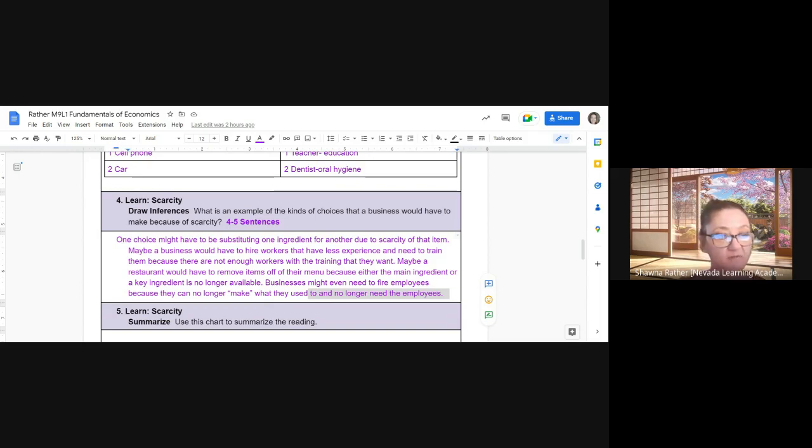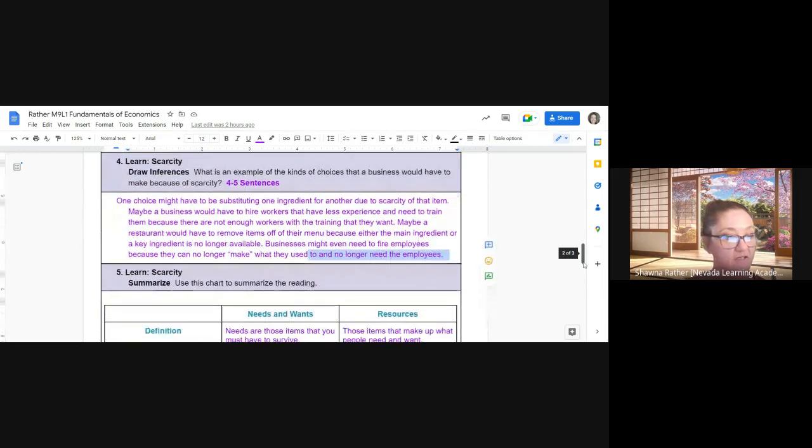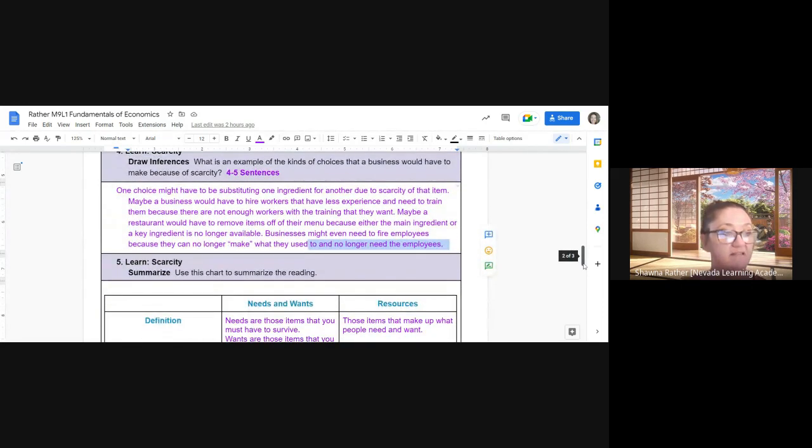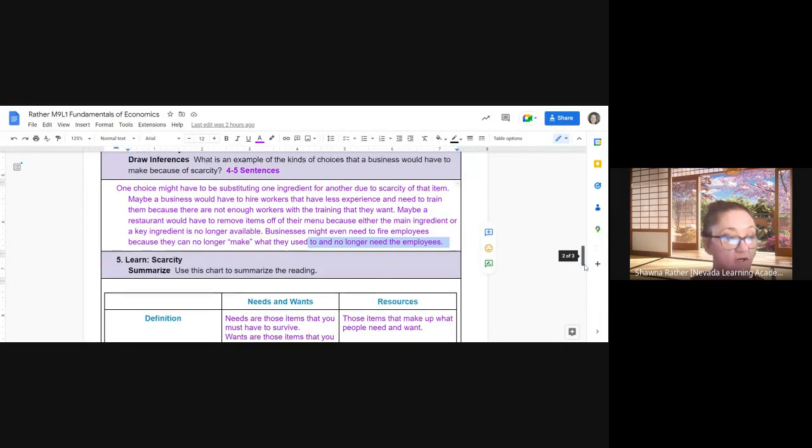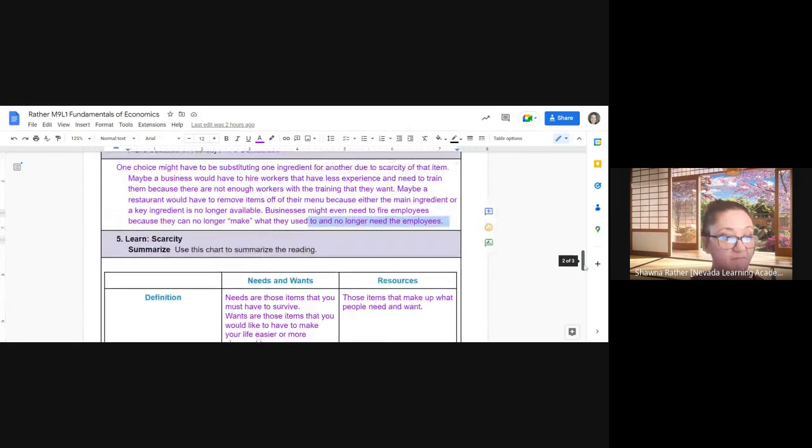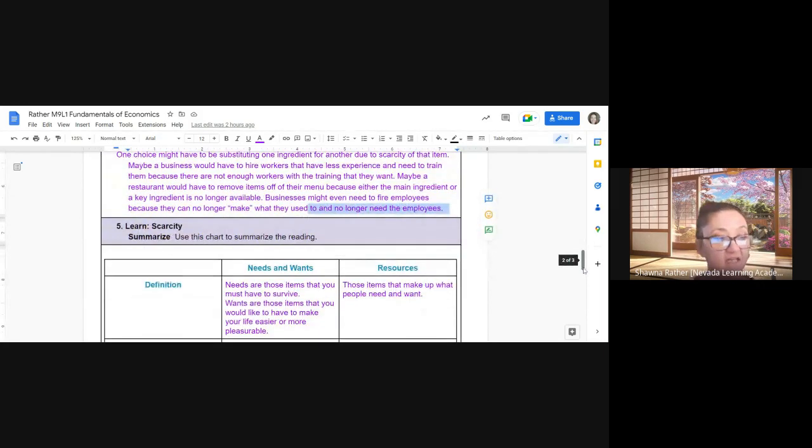All right, I'm just going to move this up just a hair because the last part of it, question number 5, is summarize, right? Use this chart to summarize the reading. So needs and wants and then resources. The first part of this chart is a definition, right? What is a definition of a need, a definition of a want, and a definition of a resource?